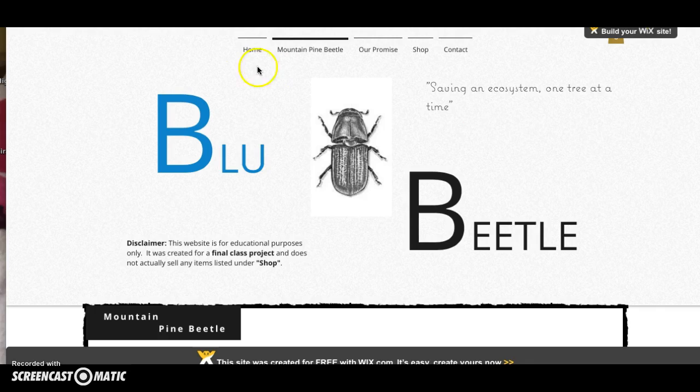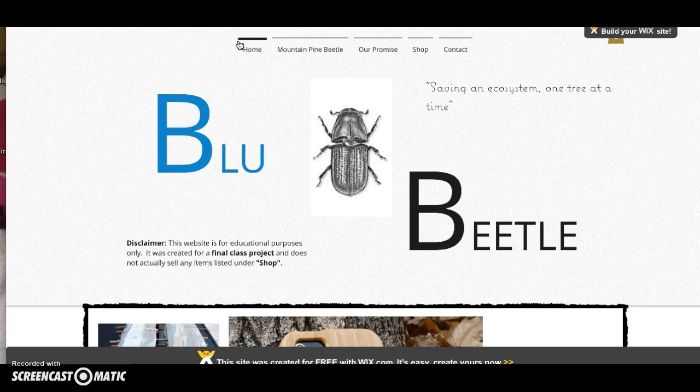So we decided very quickly to do a website on the mountain pine beetle, and we named our website Blue Beetle. Very simple, with a very simple design as well.